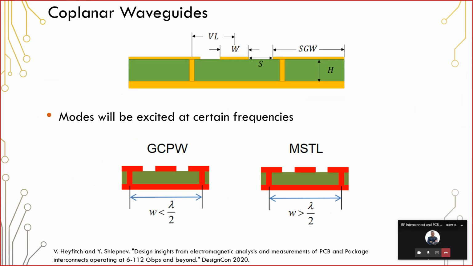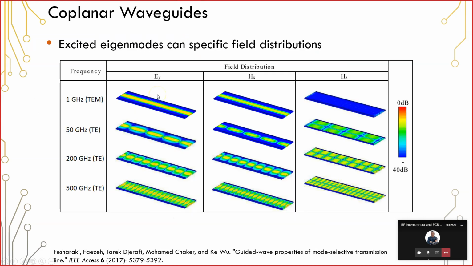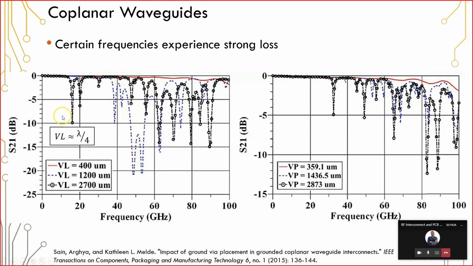So remember, just for a moment, VL is this distance from the trace over here to this via, okay? So in that case, where VL is approximately the wavelength associated with this frequency divided by 4, what we end up seeing is right at that frequency, we have very strong loss. So we would not be able to operate this particular grounded coplanar waveguide at this particular frequency.